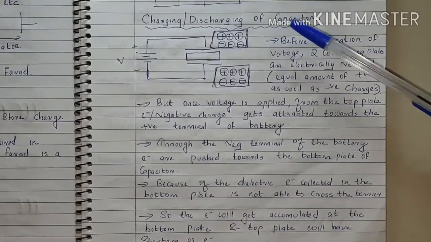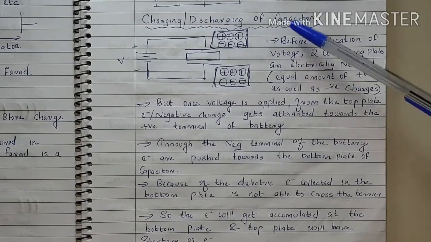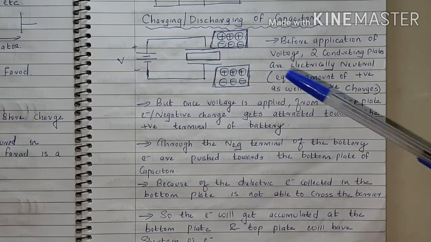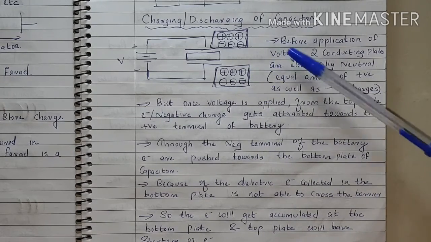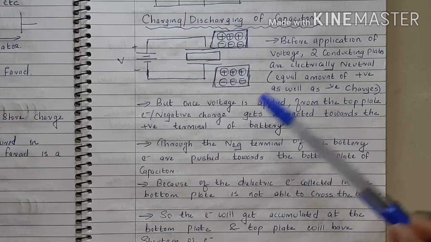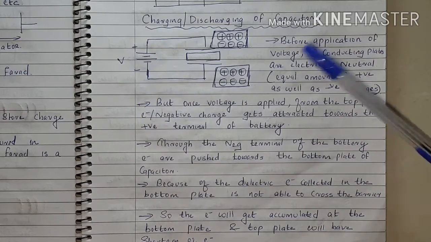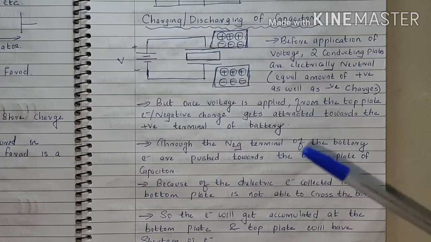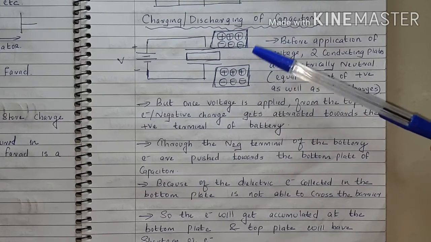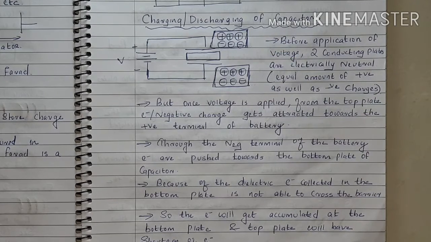Our next topic is all about charging as well as discharging of capacitors. First, we will discuss how charging takes place in a capacitor. Before the application of voltage, the two conducting plates are electrically neutral, which means they will have equal amounts of positive as well as negative charges.